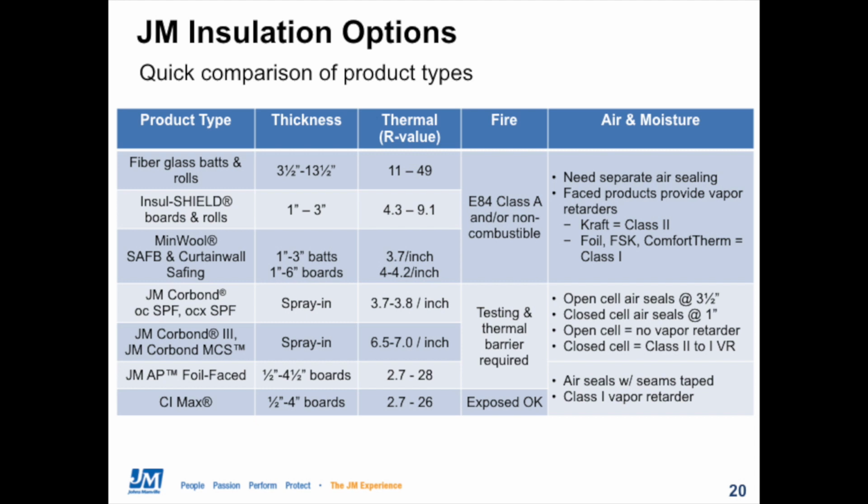And remember that all foam sheathing products can also be excellent water barriers and vapor barriers if we tape all of the board seams and seal up any penetrations. Your Johns Manville rep can provide you recommendations for tapes that work well with our foam sheathings.